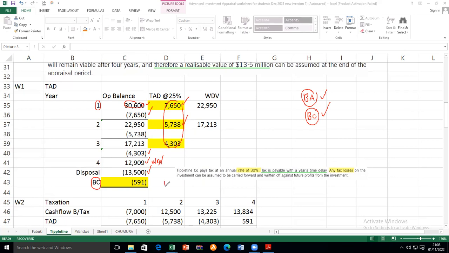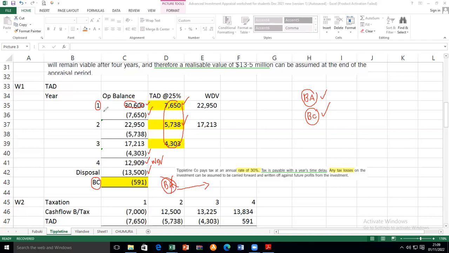The examiner for many years, in fact, I think it's the only question where you find a balancing charge. Most of the time, it's a balancing allowance where the disposal proceeds are less than the written down value. So this time around, it was a balancing charge of 591.